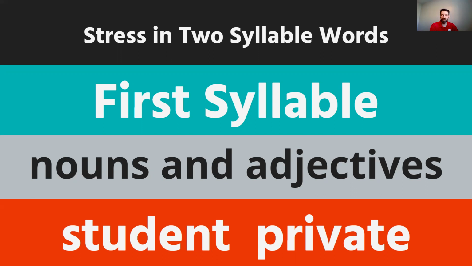Instead of dent, we get dunt. Private. Private is an adjective. Our first syllable, pri, keeps that long I sound. Vate would be the second syllable if it were stressed, but it's not stressed, so it becomes private. Vate becomes vut.